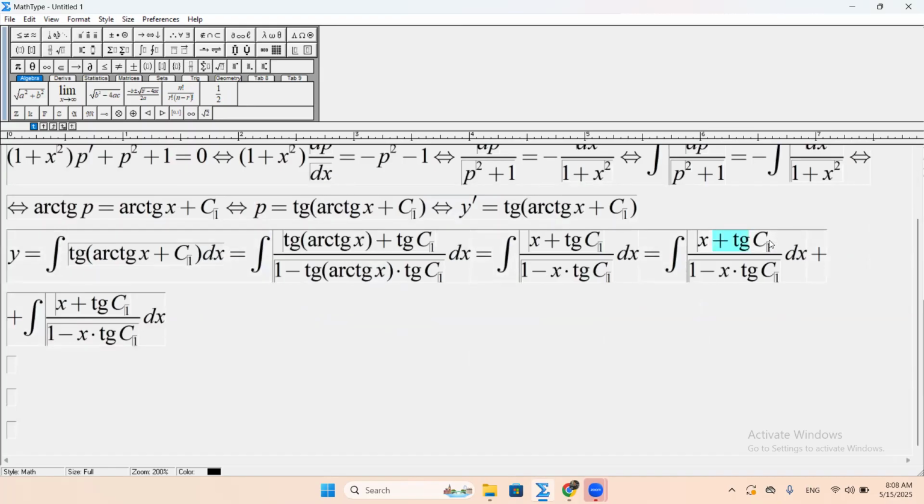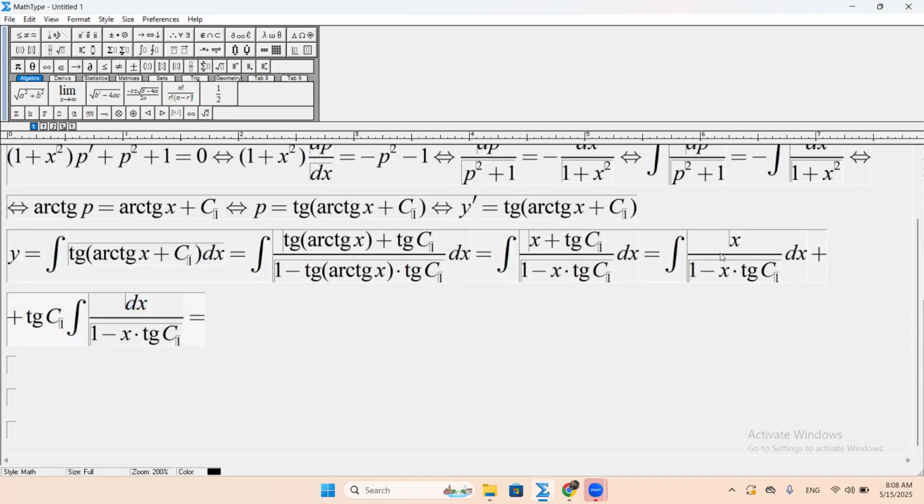Here will be x, and here I will remove tangent of C1. So we calculate the first integral.